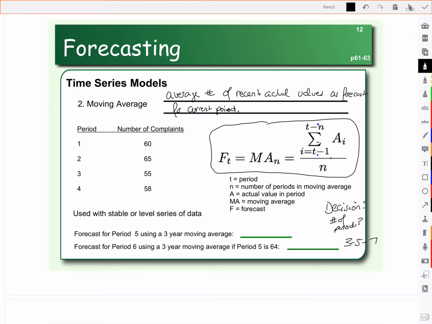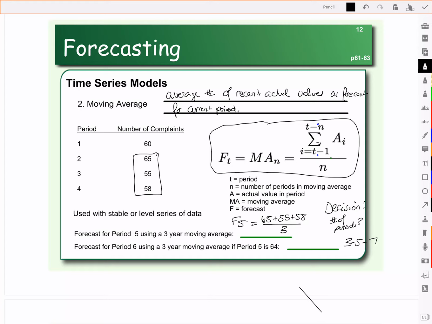So what we're doing here, if we're doing a 3-year moving average, if we're trying to forecast period 5, then we're going to take the 3 previous periods and find the average of those. So our forecast for period 5 would come from adding up 65 plus 55 plus 58 divided by 3.